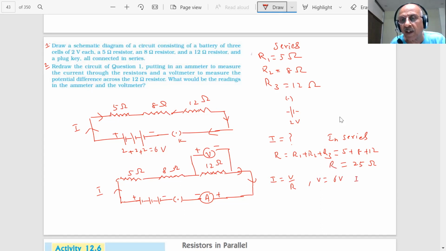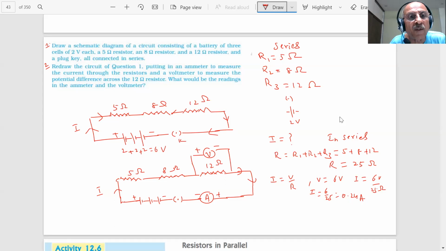So what will be I then, student? 6 divided by 25 ohm. How much will that be? 0.24 amperes. Now this current is flowing, and the same current will flow in all the three resistors.